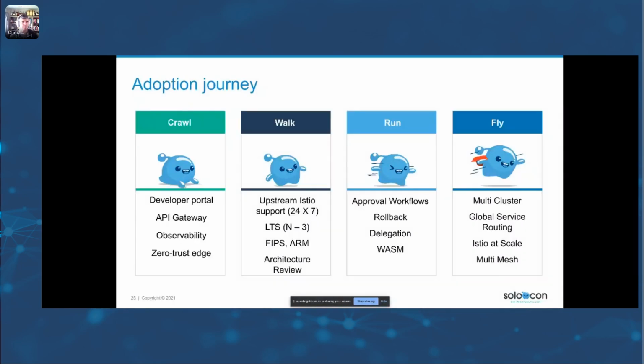What we're doing at Solo also, not coincidentally, aligns with this adoption journey, which is: start with your gateway, start with the edge. That could be a full-featured API gateway like Glue Edge, or that could just be an Istio ingress gateway if you just need traffic into your cluster. And then slowly adopt the pieces of the mesh that you need.